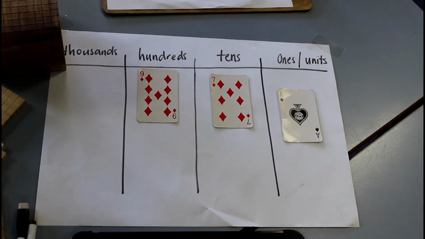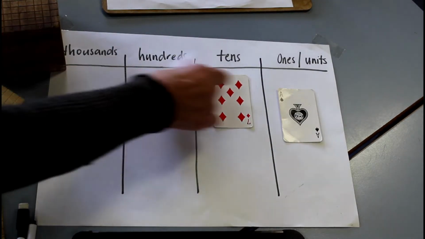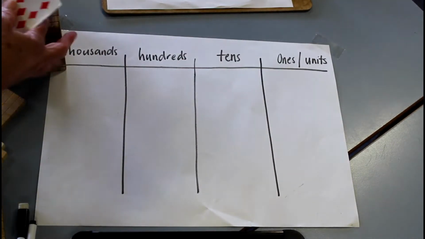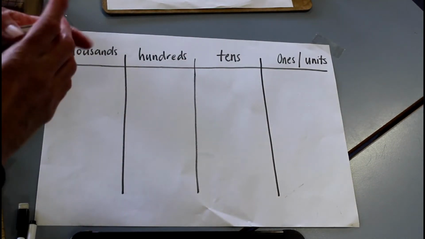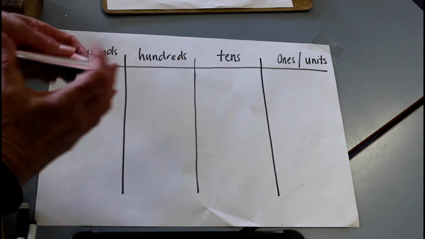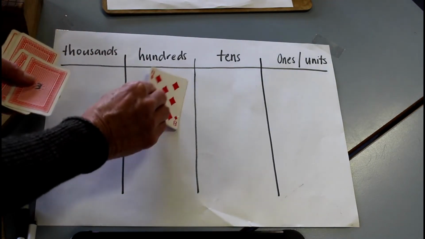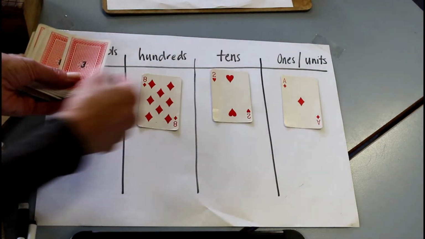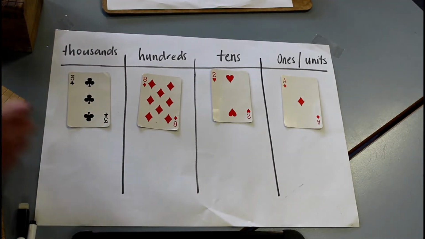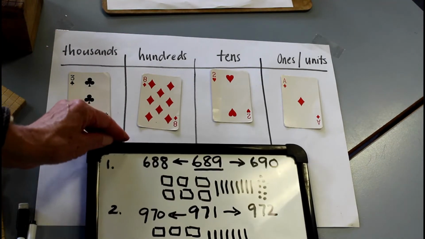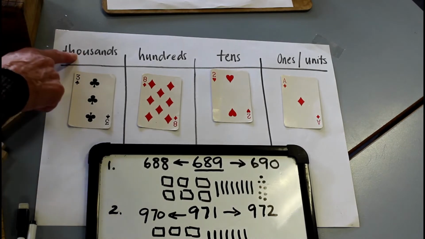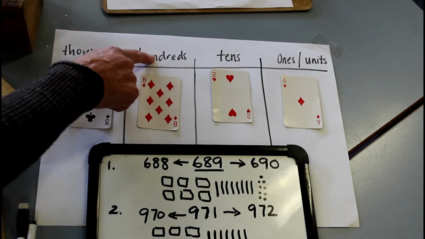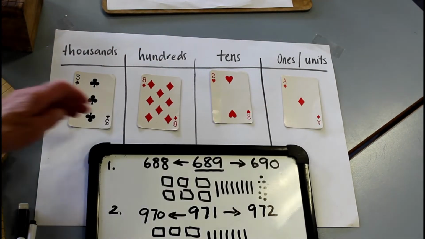Let's try a much bigger number. I'm now going to go to 5. Oh, let's not go to 5 cards because I don't have enough. That's going to take me a lot of drawing of thousands. So let's shuffle the cards. I'm going to flip over, and that's fine. I'm going to say this number. The number I have is 3,821.